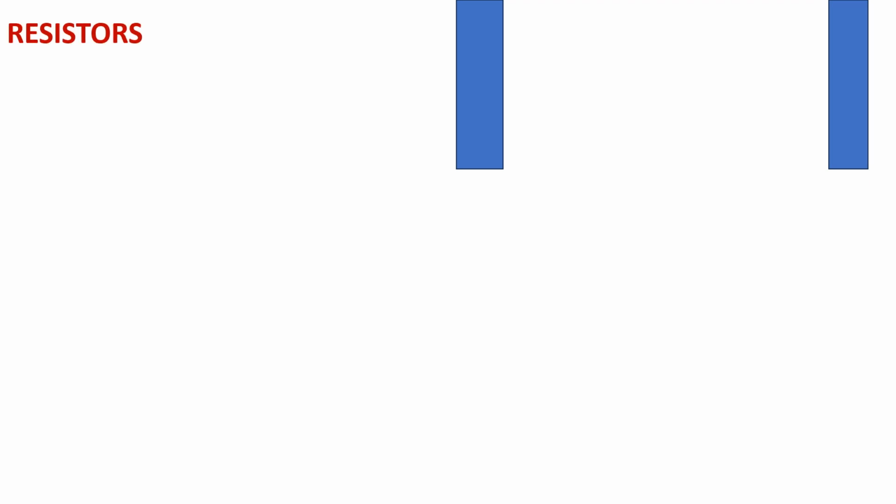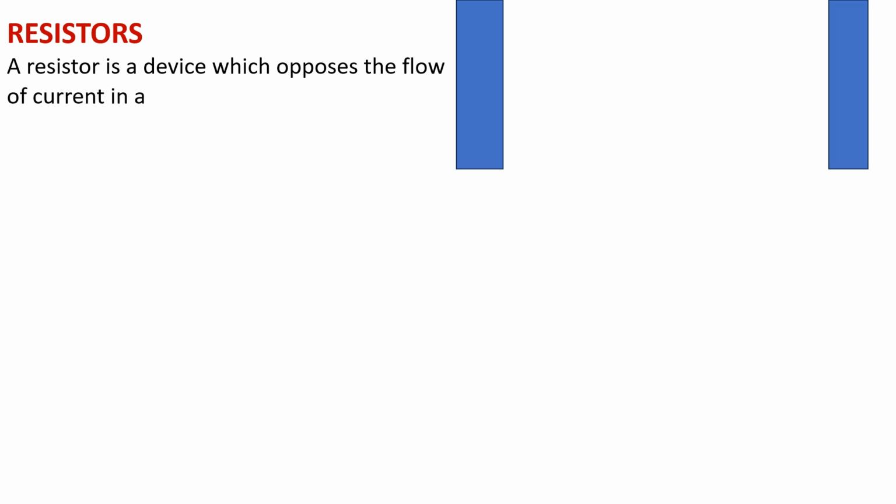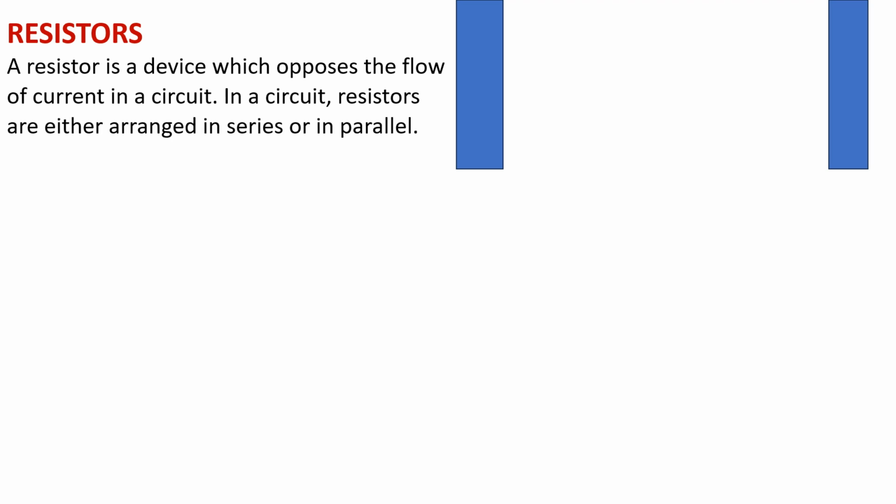Resistors. A resistor is a device which opposes the flow of current in a circuit. In a circuit, resistors are either arranged in series or in parallel. Now this one is very important.